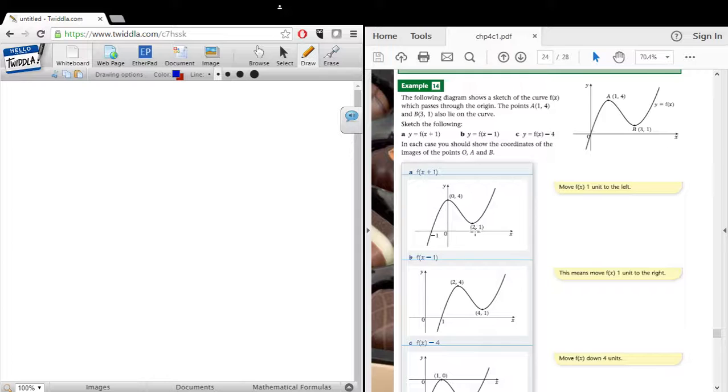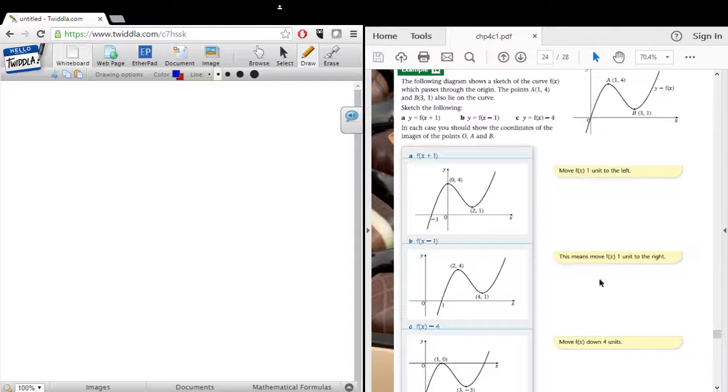So again, if you can see, f(x + 1) is moved to the left because of the plus, moved to the right because of the negative. When I say move to the right, move to the left, look, you've got 2 here, it's moved to the left because there's a plus 1 here where it was originally 3, so you've taken away that 1, okay.